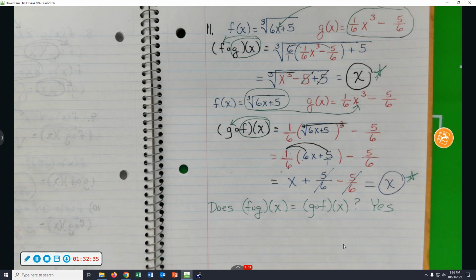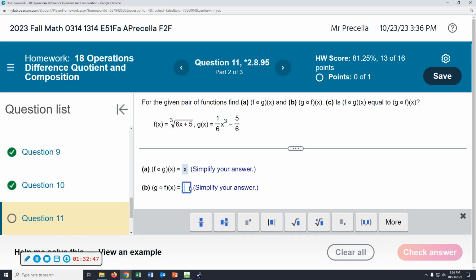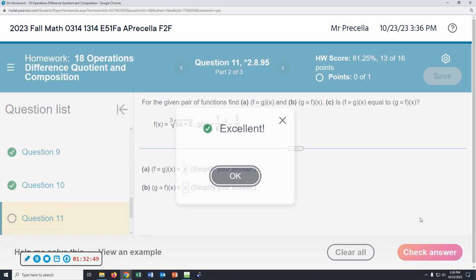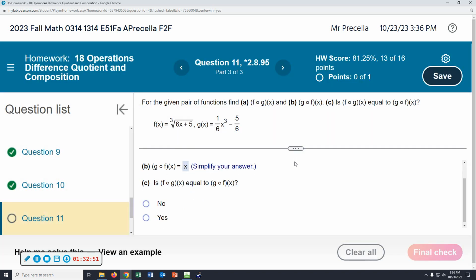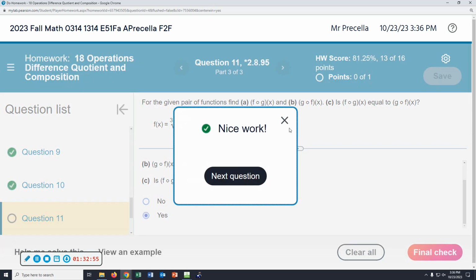And 2 inverse functions, it's going to turn out, cancel each other out when performed consecutively. Any questions there?